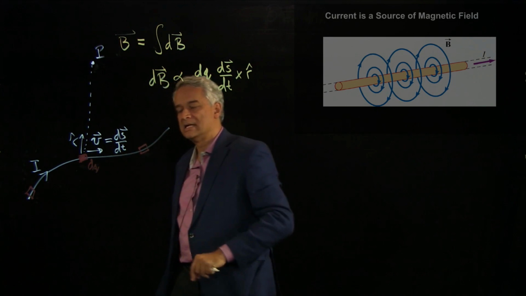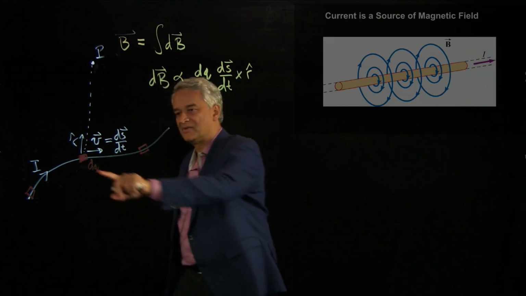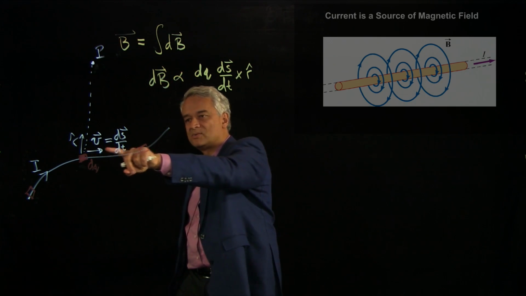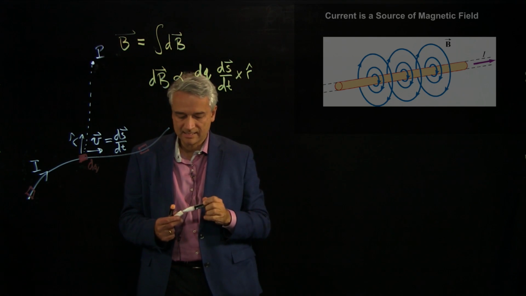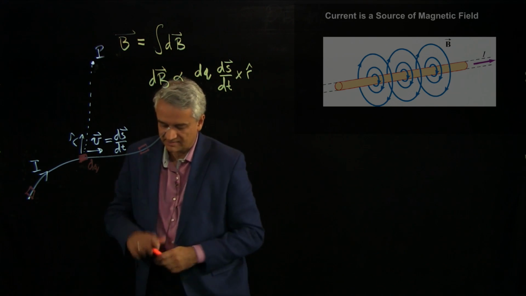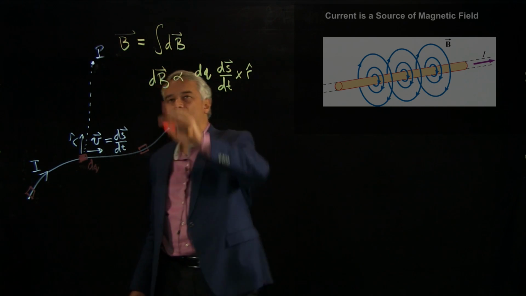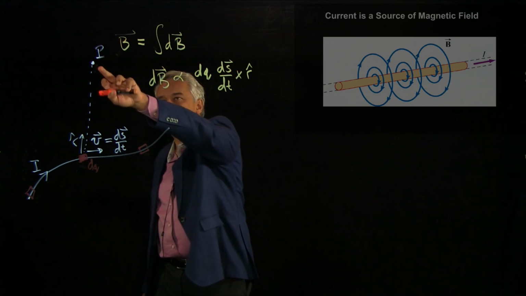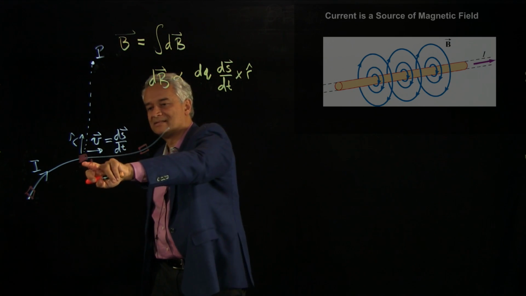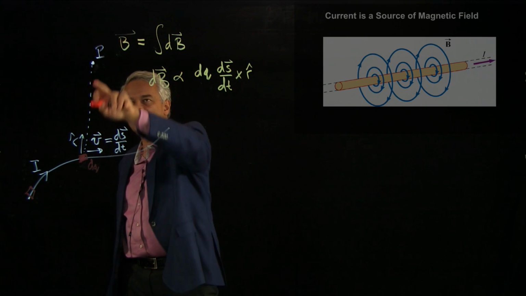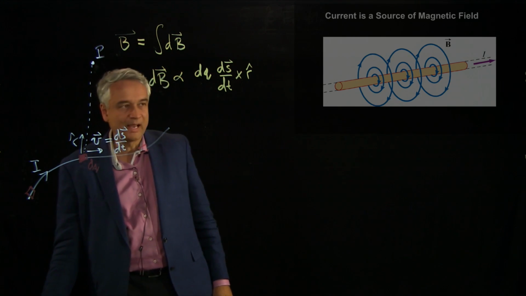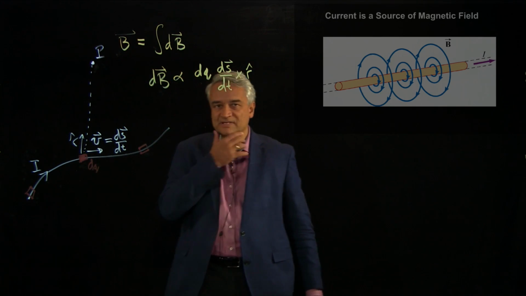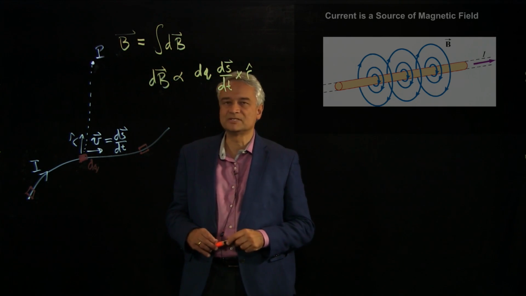The r hat vector points this way. In this particular case, for this dq, ds dt points this way, and r hat points this way. And this is the beginnings of my expression for the dB, the little bit of magnetic field caused by this little bit of charge. This little bit of moving charge, what magnetic field does it produce there? That's this dB.